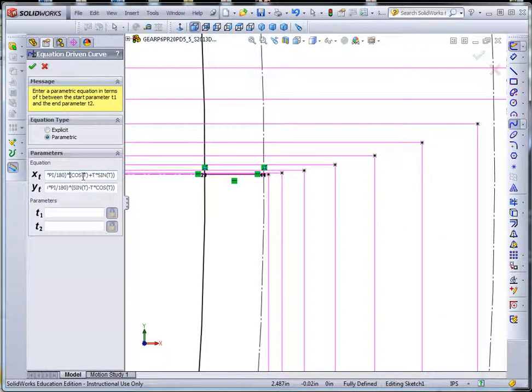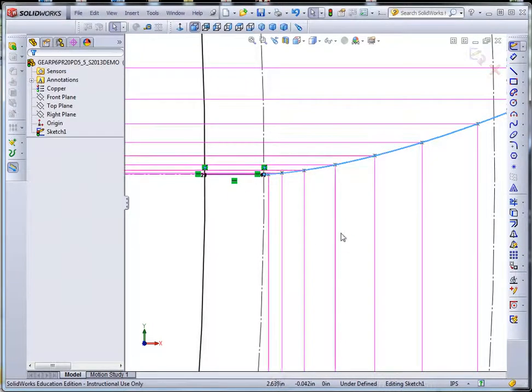And I have to go back here and put in divided by 2. Okay, and then the value of t is going to go from 0 to 0.55. Alright, and I'll accept that.